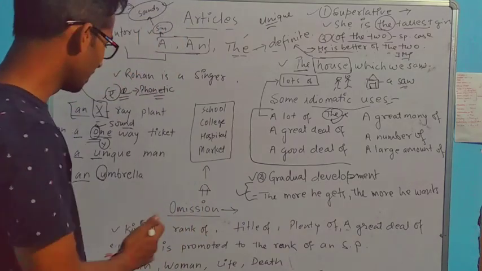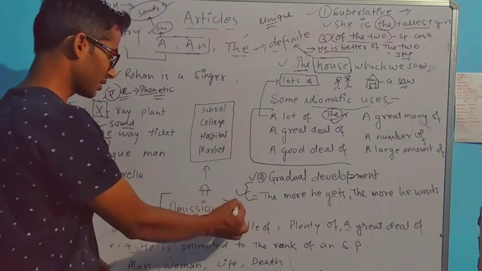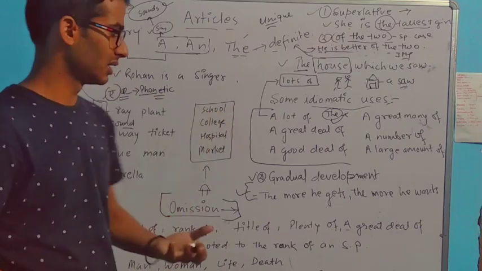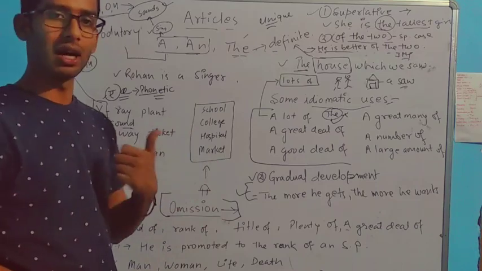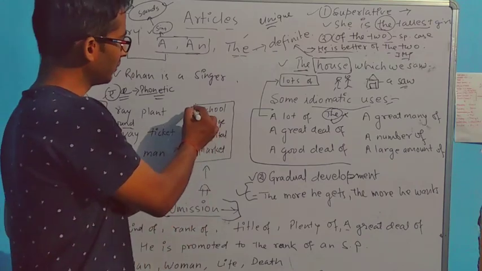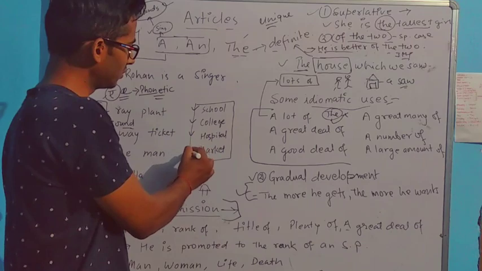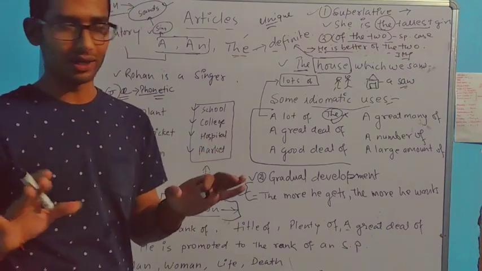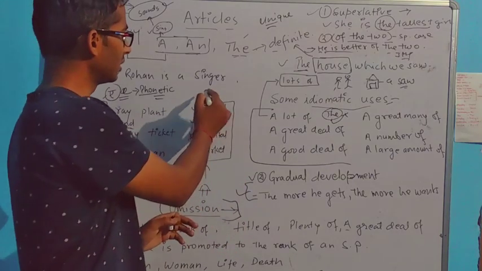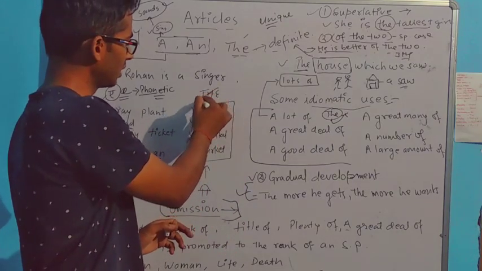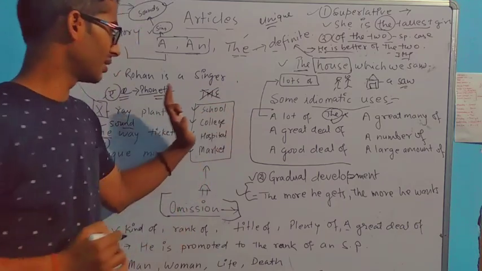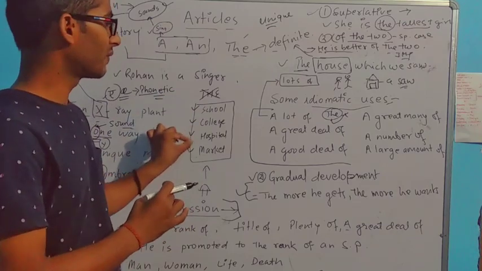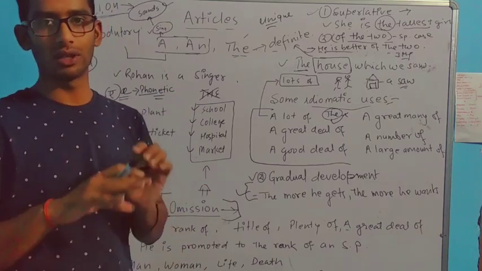Okay, let's go ahead. Now, in some places we don't use articles. So, where to omit the articles? Before words like school, college, hospital, and market. But not everywhere. We will not use the before these places if we are going there for a general sense or general work.